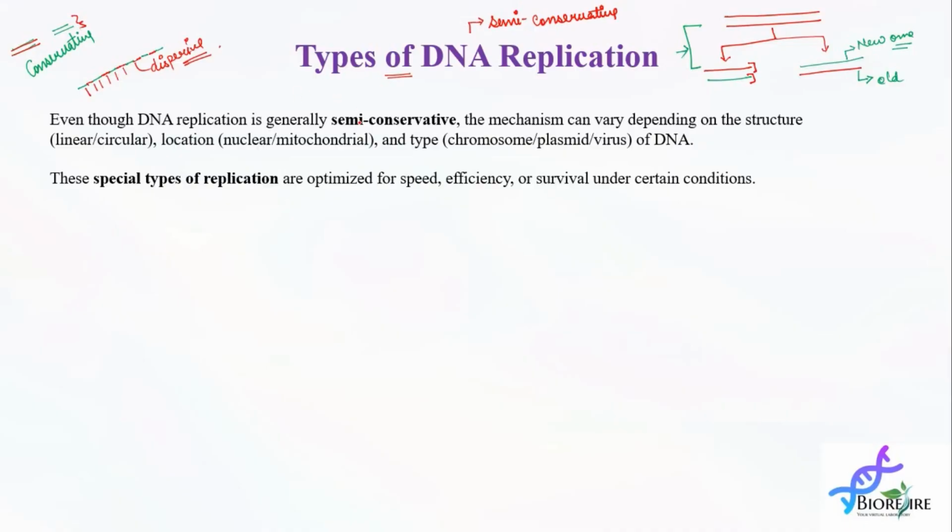DNA replication is generally semi-conservative, but the mechanism varies depending on the structure. Your DNA may be linear, circular, nuclear, mitochondrial, chromosomal, plasmid, or viral. Depending on the type, location and structure, it is divided into different models.